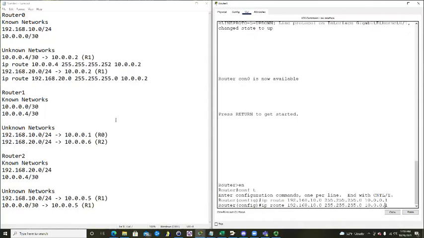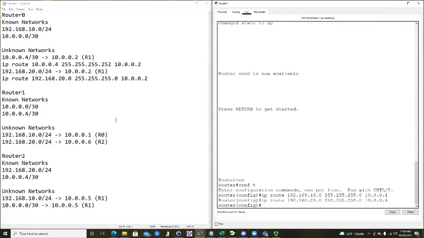Then we also have to do the same thing and tell it about the 20.0 network. I just pressed up on the arrow key and modified the prior command. And now we have our 2 routes for router 1.